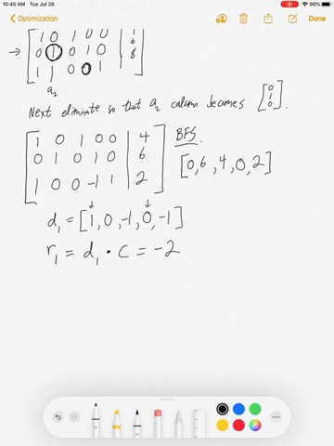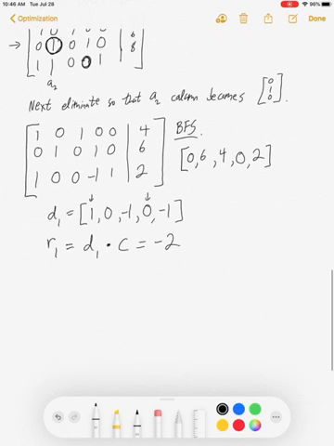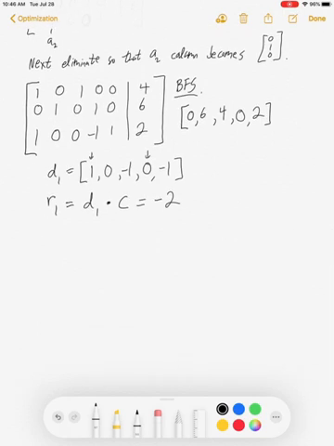So if I bring the first column into the basis, my cost goes down at a rate -2. Okay, who else could I bring into the basis? Well, the only other guy who's not in the basis is column 4. So what direction am I going to move in if I bring column 4 into the basis? So we can work it out the same way.